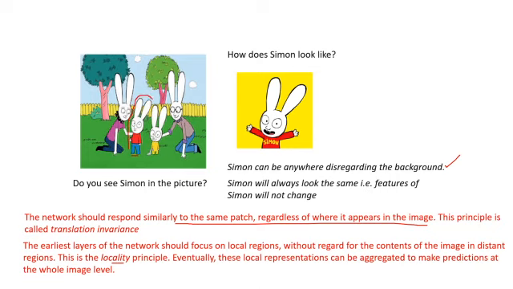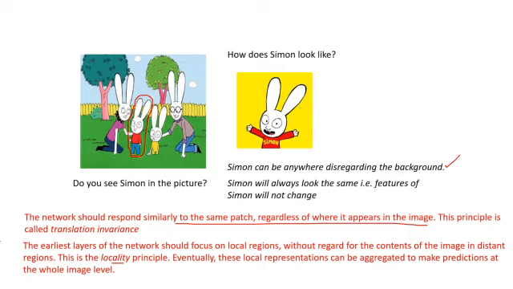And yes, we are not considering the case of a murdered, mutilated Simon, right? We are just considering a normal case. So in a normal case, you will always find Simon in a local patch of this image.